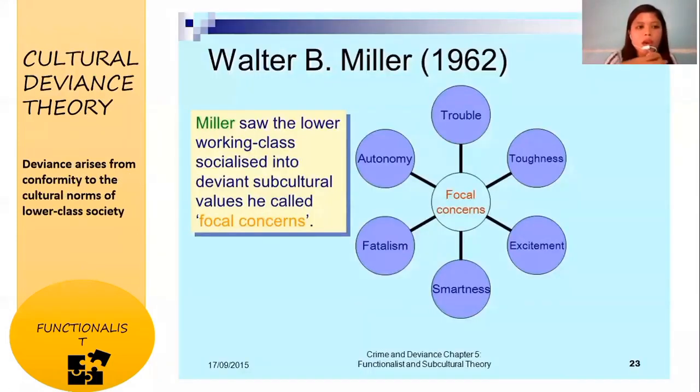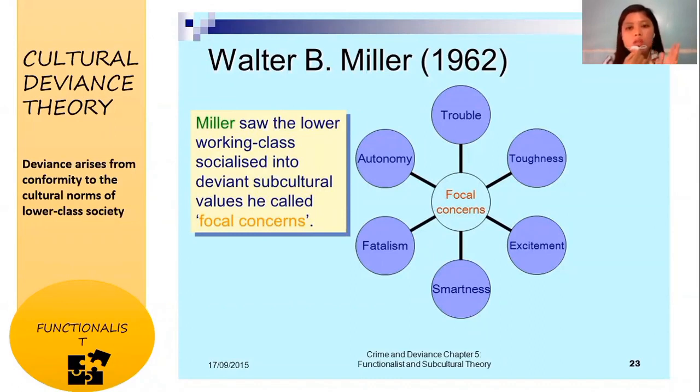So next we have cultural deviance theory, which is proposed by Walter B. Miller. Here, this theory focuses on the set of values existing in a disadvantaged community or neighborhood. People living in this kind of community are usually in the lower class. So deviance comes in when there is the existence of subcultures.